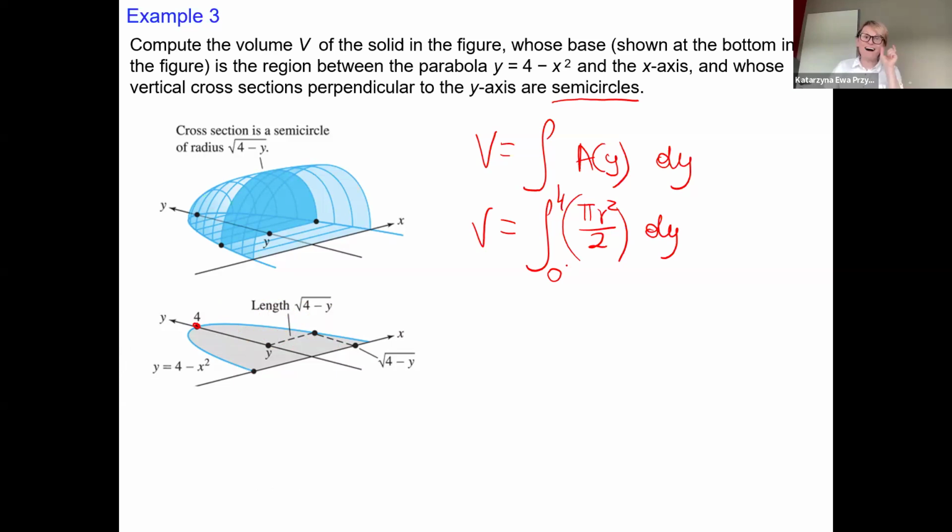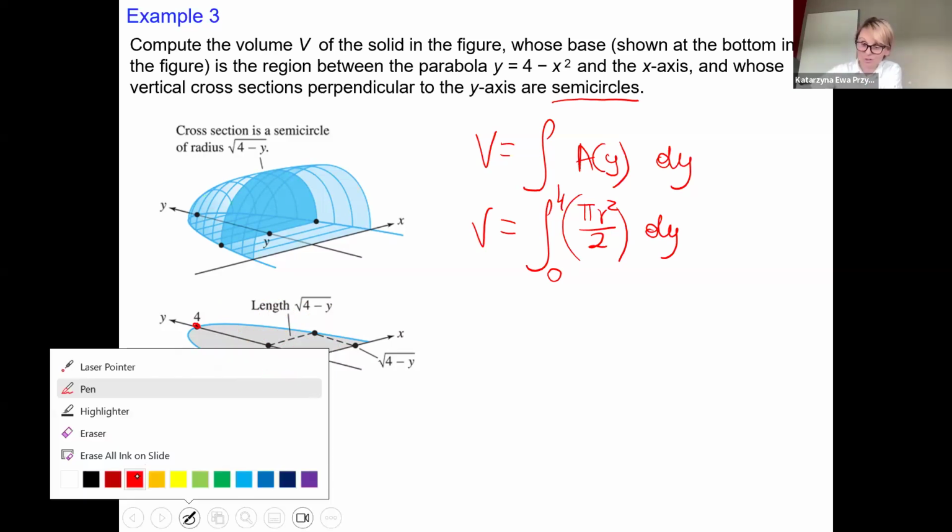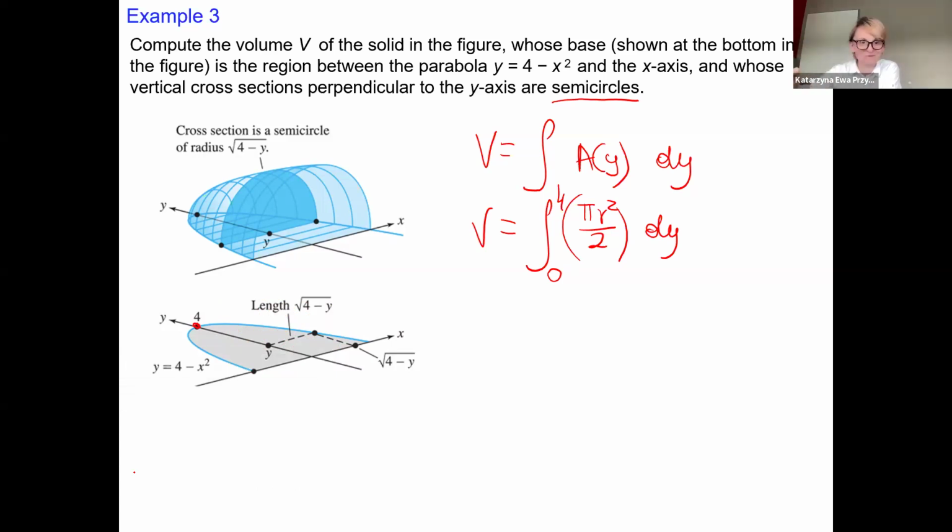However, we need r. We need the radius of that semicircle in terms of y, because everything is in terms of y. We can see that's r. Let's look at this. If that's the parabola, this is y, this is x, that distance will be the radius, correct?